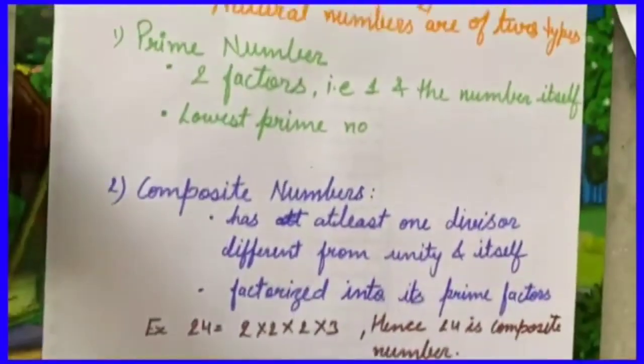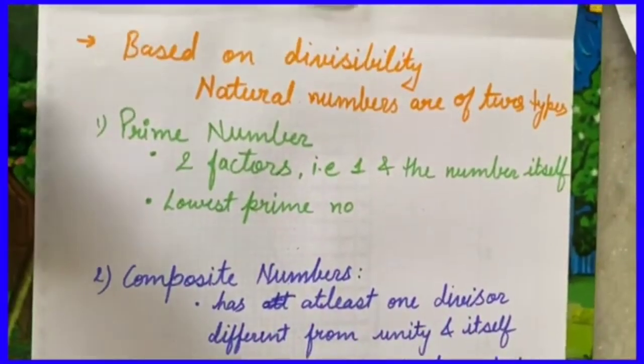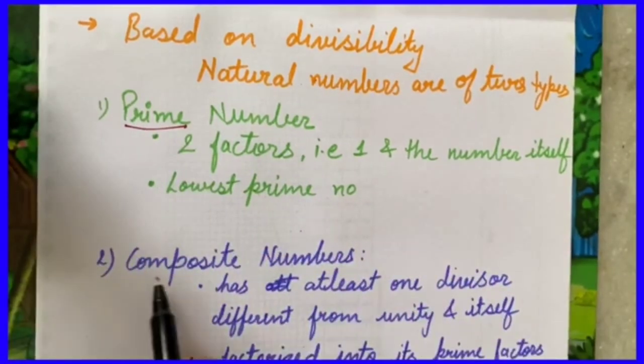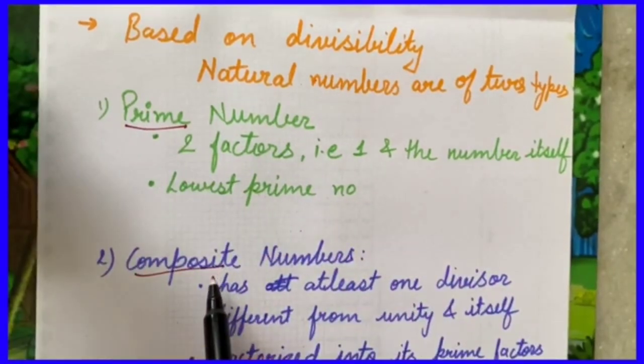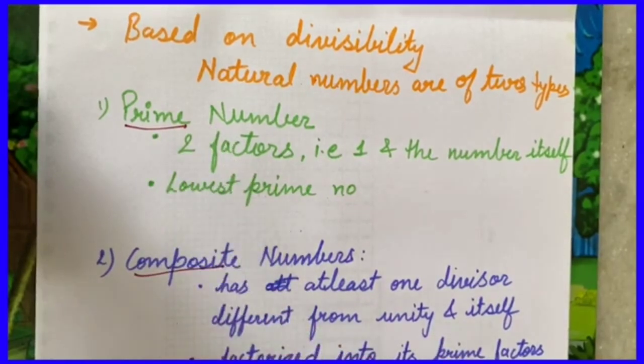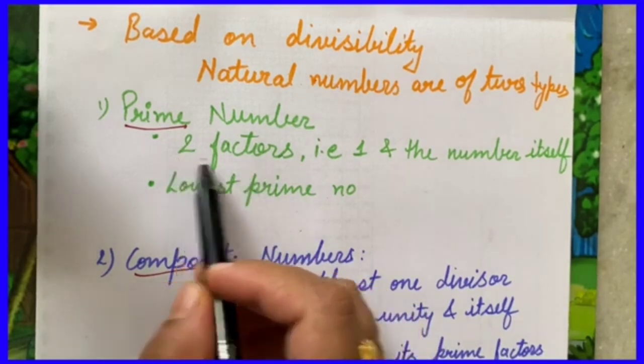Now let's talk about the natural numbers based upon divisibility. So the natural numbers are of two types. One is prime natural numbers and the other one is composite natural numbers. Now prime natural numbers can be defined as natural numbers which have exactly two factors.